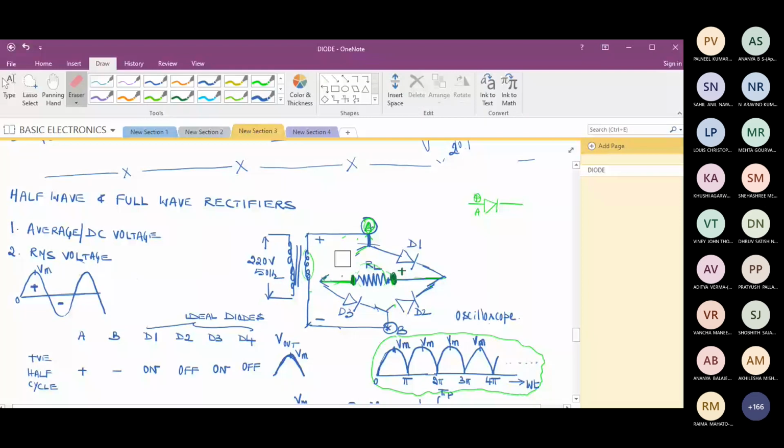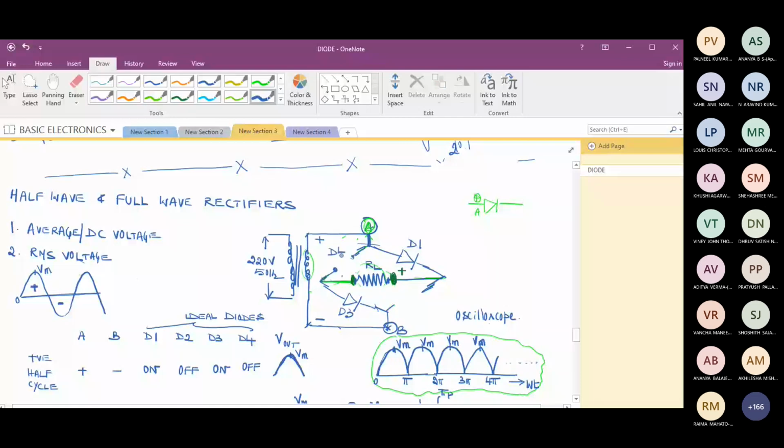Am I correct? Yes, sir. So I'll take any one of the diodes. I'll take this diode, D4.